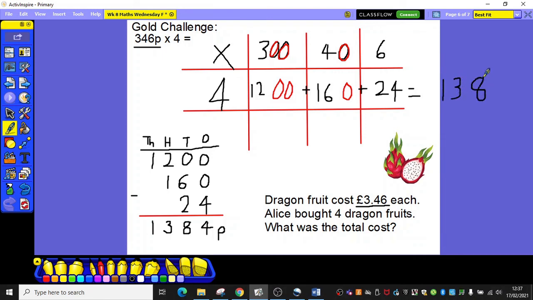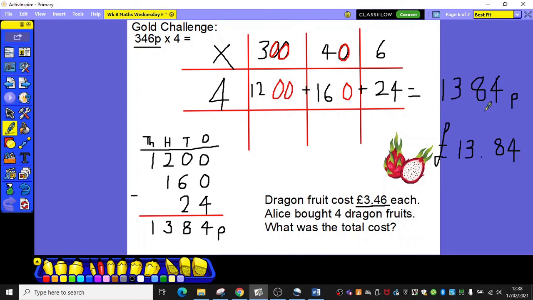1,384p. What would really be good then, year 4, is because we generally don't go into a supermarket and say, right, that's going to be 1,384p, please. We generally would convert it into pounds. I'd like you to do that for me, and you have done work on money this year, so hopefully you can figure out that that is £13.84.